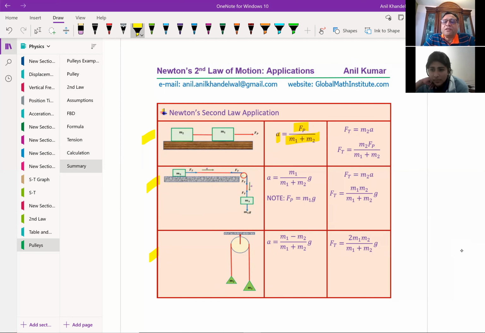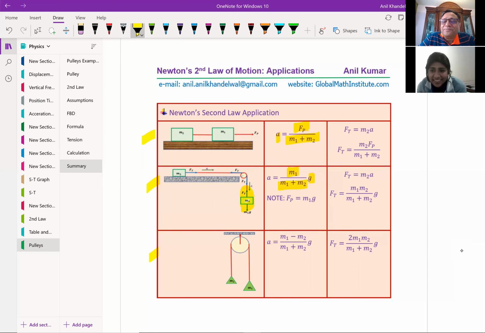In the second case, this force was not applied externally by you, but it was because of gravity, correct? M1g. So you see the numerator is M1g. This force Fp is being replaced by M1g. The equation is the same, divided by M1 and M2.